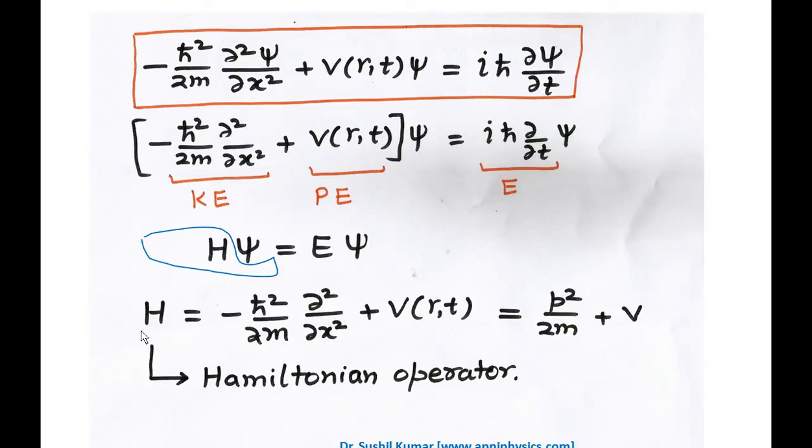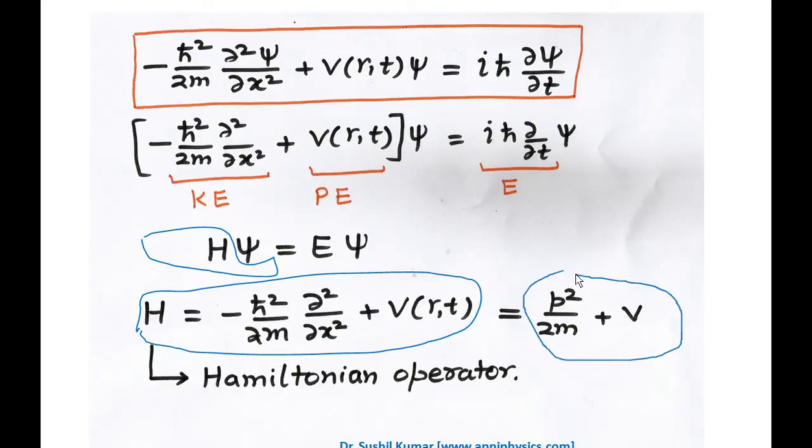So H is the Hamiltonian operator, that is the sum of the kinetic energy and potential energy, right? p square upon 2m plus V, this is the result for the Hamiltonian operator. So here we have seen two equations of Schrodinger. One was the time independent and the second is the time dependent, on the basis of simple mathematical concepts.